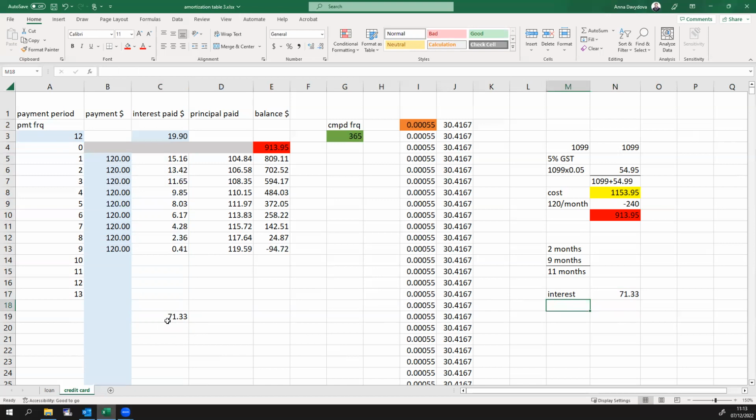And then the last question: if the credit card did not have the promotional offer, Madison would have to pay an additional interest. This is our balance, given that she had a promotional offer of 2 months interest free. So the yellow was the original cost. Let's put it here, 1153.95.